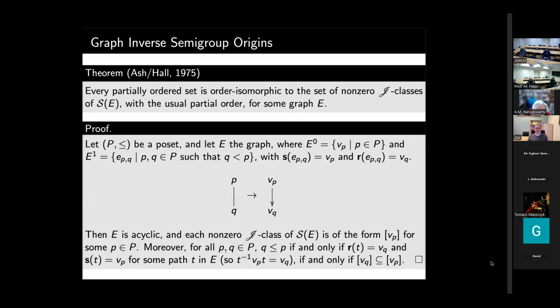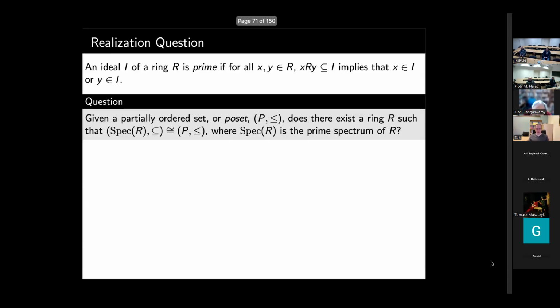Now, this question, as I mentioned, you can ask for anything, and in particular, you can ask it for rings. If I give you a partially ordered set, can you realize it as some class of ideals in a ring? Now, if you're just talking about all ideals in a ring, those will form a lattice. And so you certainly won't be able to realize any partially ordered set.